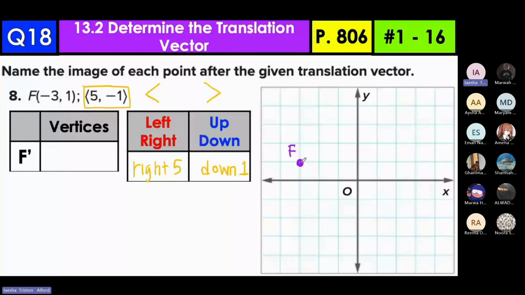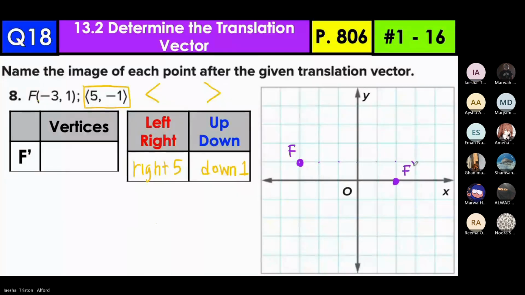So from F, we're going 1, 2, 3, 4, 5 right and down 1. What is the name of the new point? F prime.